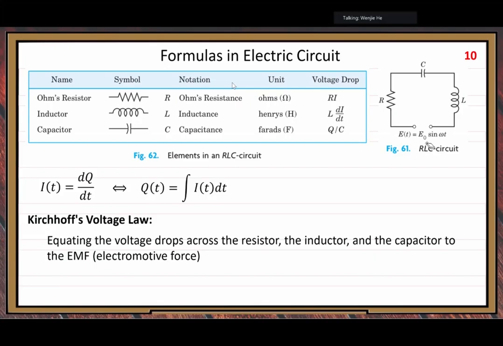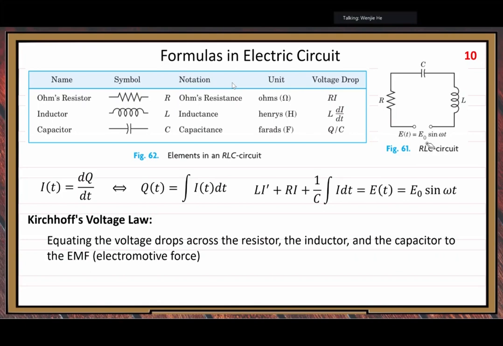The electromotive force, this E function, equals the voltage drop. You accumulate the voltage drops through all the components in this electric circuit. Pretty straightforward.